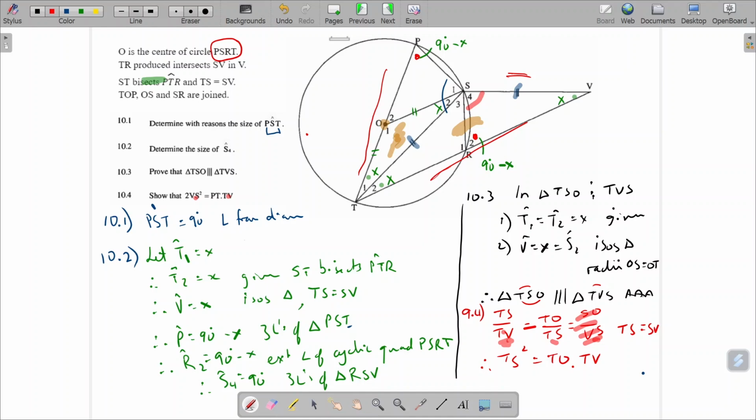But we also hopefully should recognize that the question is talking about PT, whereas we've got TO. We should hopefully get that PT is twice the length of TO. In other words, TO is half the length of PT.